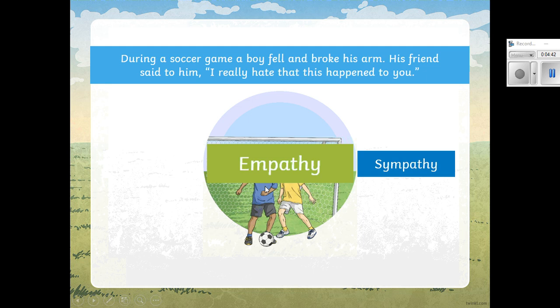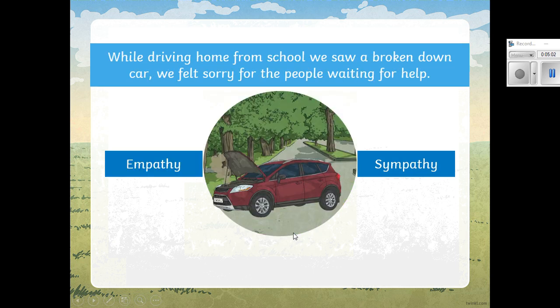Because I think he's feeling what that person, obviously not the pain, but really annoyed and upset that they have got a broken arm. Because I think if it happened to you, you'd be feeling like that as well, a bit angry and I hate that this has happened. So showing empathy.